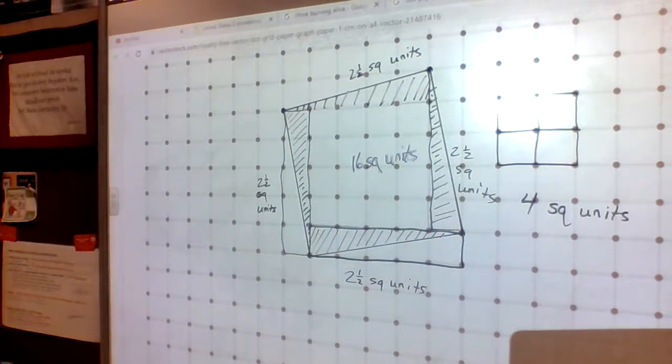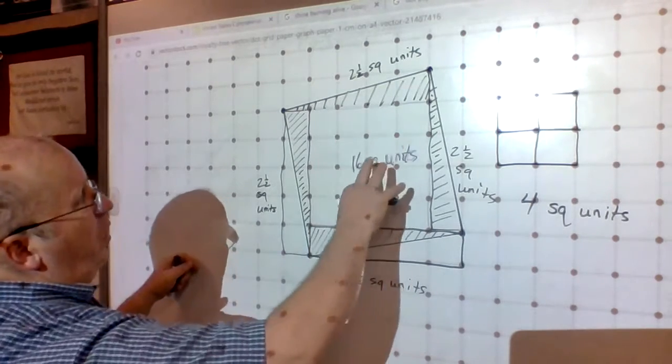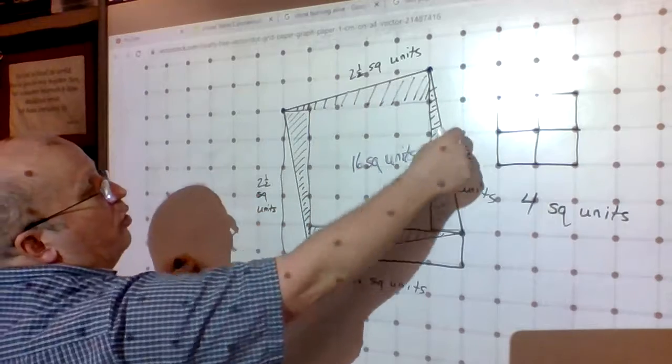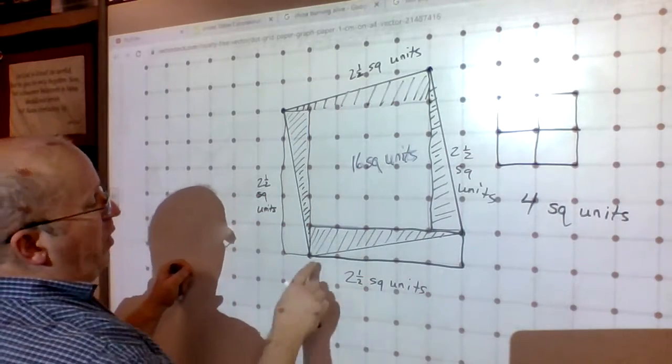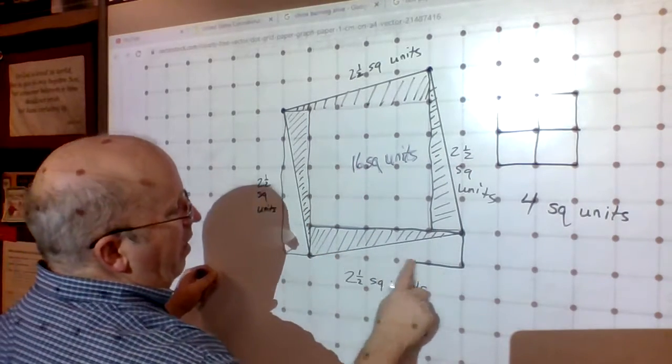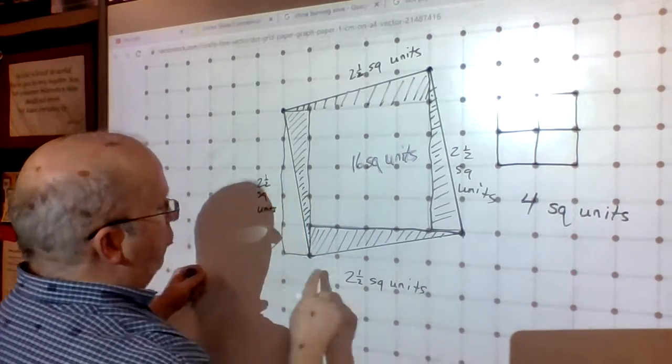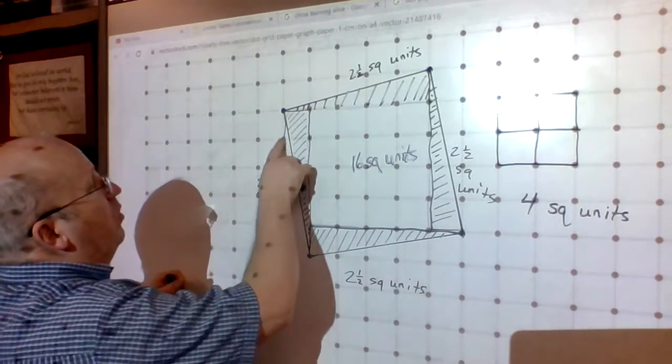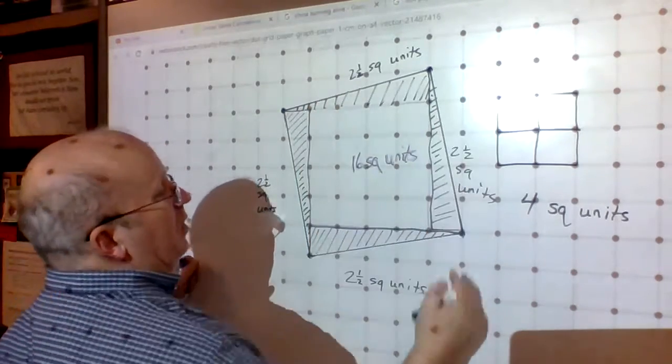So, if I try to get the screen to come back on again, there we go. So what do we have? We have the 16 square units plus 4 groups of 2.5 square units that make up that original shape that we were talking about before.